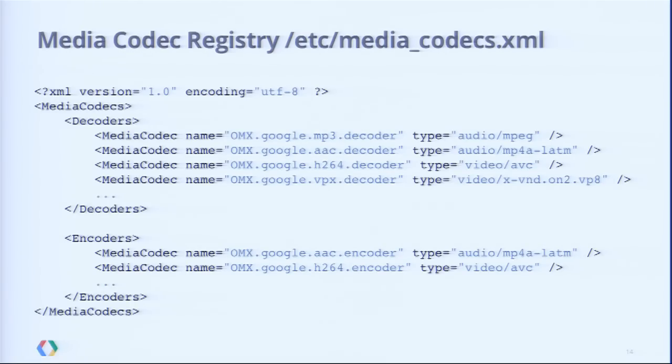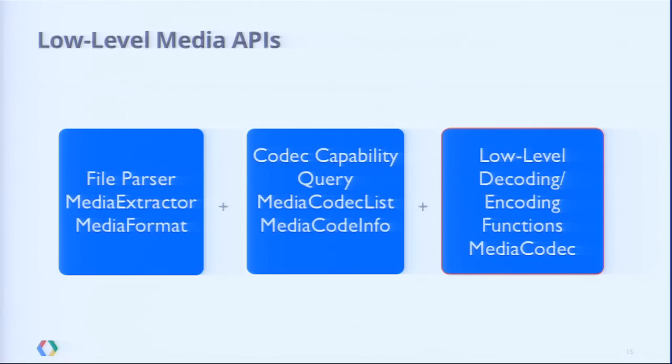So the media codec list and media codec info classes address the need to know what are the available codecs on a specific Android device.